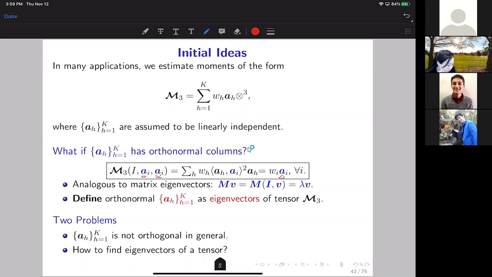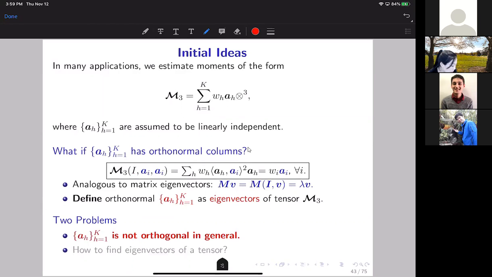And the second problem is, even if they are orthogonal, how do you find eigenvectors of a tensor which is error tolerant? Remember the motivation of why we do this is because the Jennrich algorithm is not error tolerant. So we wanted to find an error tolerant algorithm, but how do we do that? How do we find eigenvectors of a tensor?